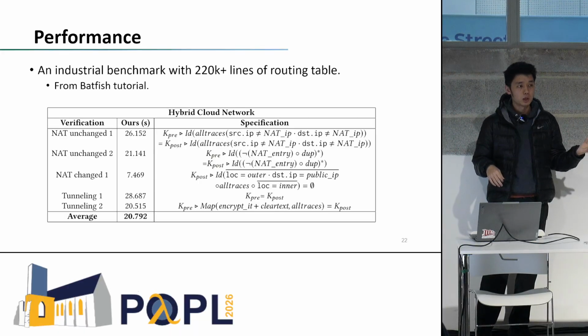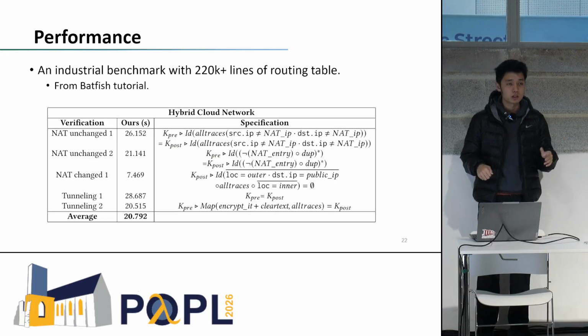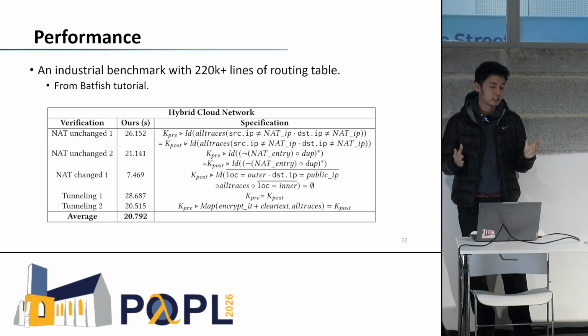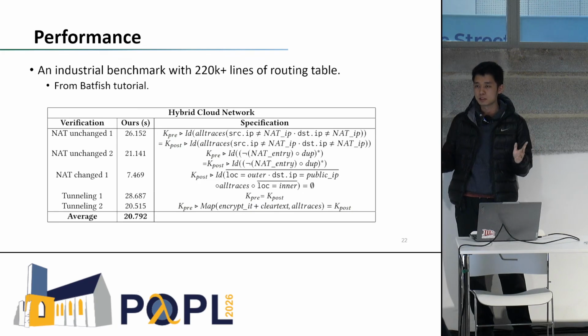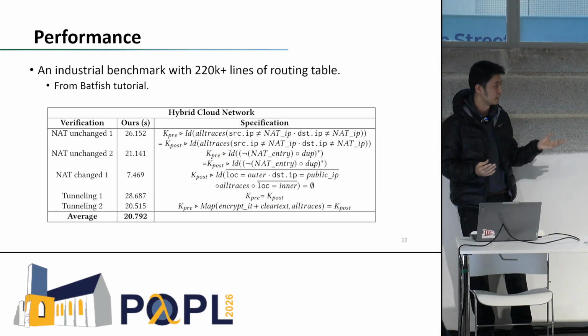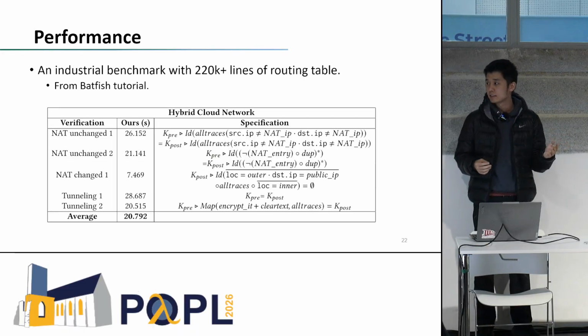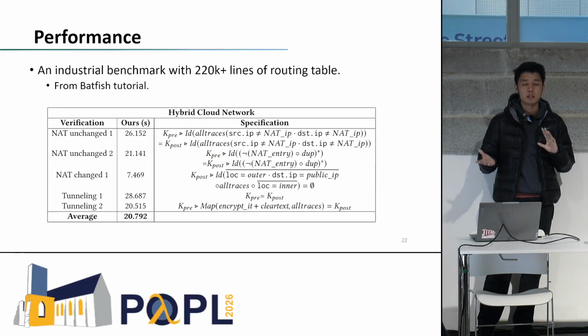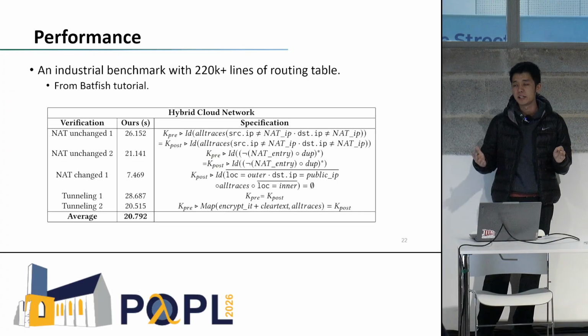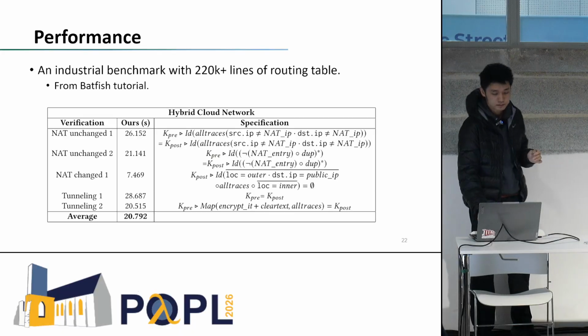During that tutorial, it guides you through the steps of changing the network, then verifying it. In our work, we try to reproduce that procedure in our language as much as possible and give 5 test cases and their time. As you can see, all of the test cases fall below 30 seconds, which is perfectly suitable for our goal of iterating the network by updates.